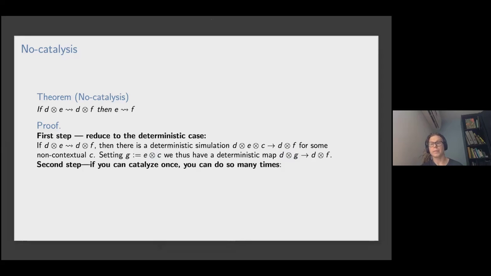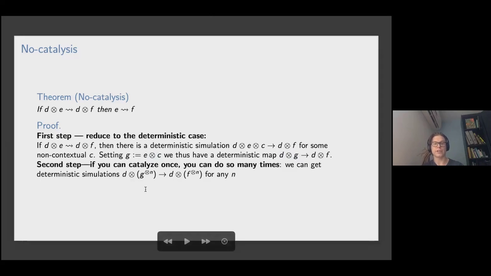And now, if you can catalyze once, you can do so as many times as you wish. You can first do this catalyst process and transform the first copy of G to the first copy of F. Then you transform the second copy of G to the second copy of F, and so forth.